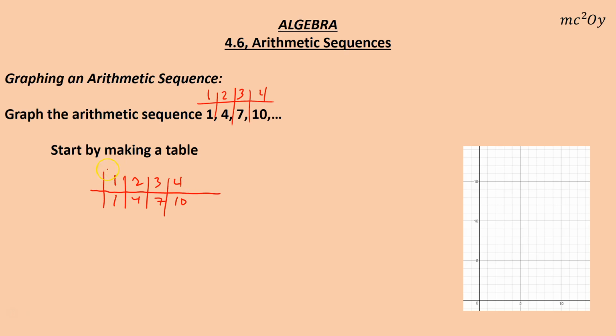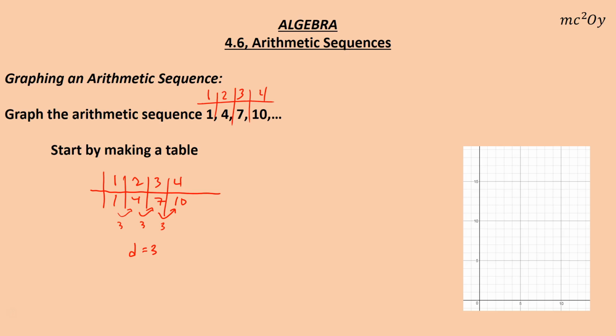Every time on top, the X value of our table, is always going to go up by 1. The bottom is where we're looking for our common difference. If I was asked to find the common difference here, it would be 3, because I'm adding 3 every time. So D would equal 3. It's not asking that. It's just saying graph it.